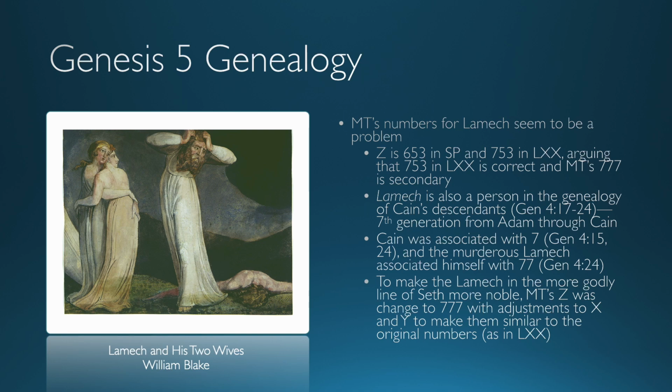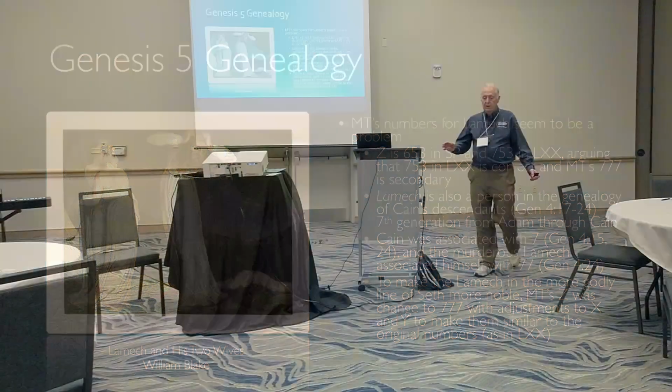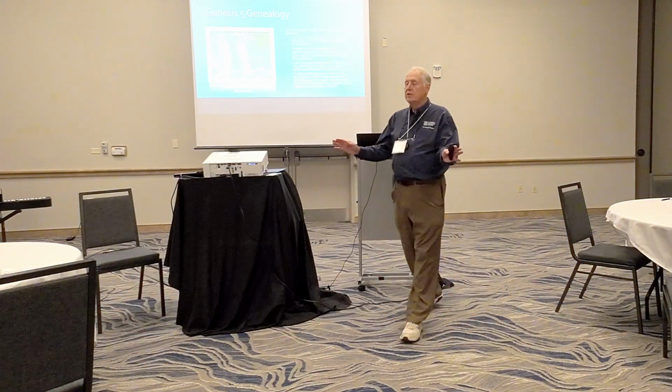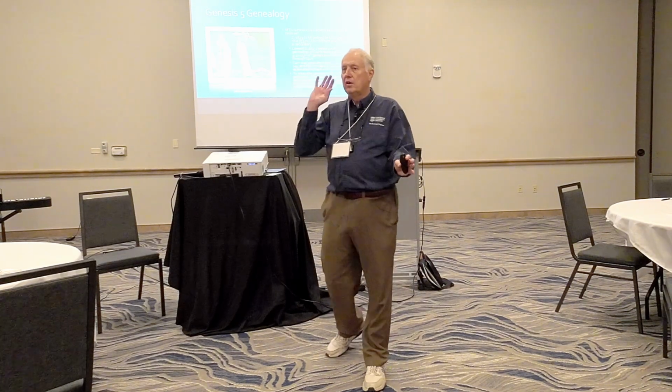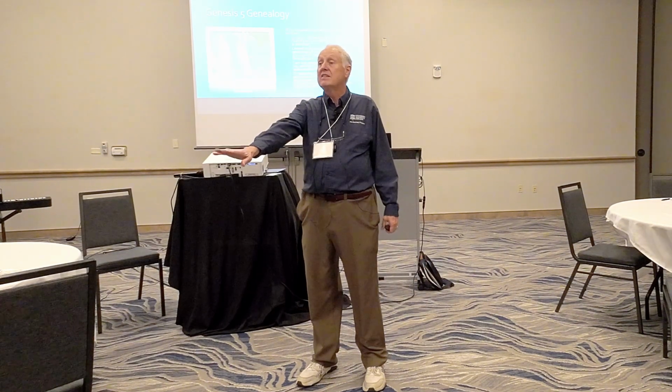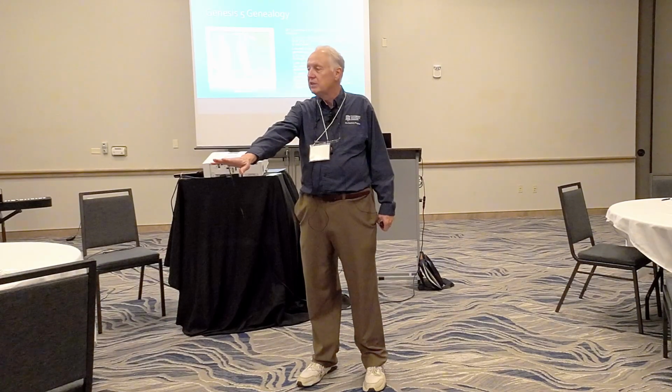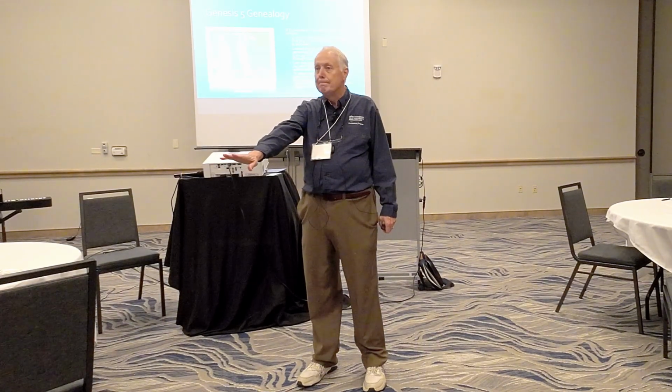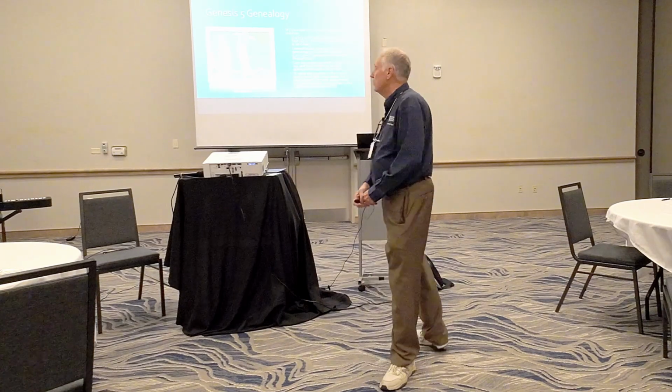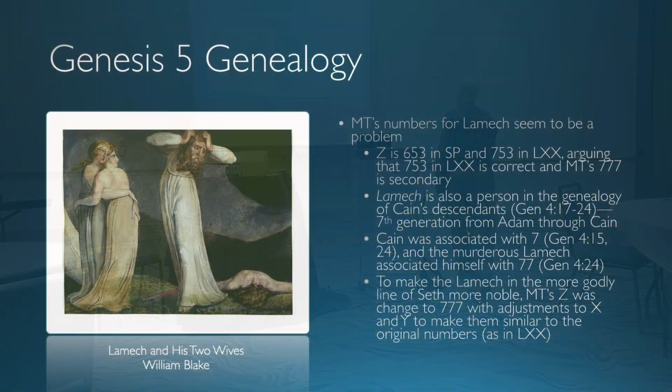He's particularly well known because he's a braggart. Cain was associated with 7. You'll remember Cain's worried about somebody coming across him and killing him. So God puts a mark on Cain and says, I'll take sevenfold vengeance on anybody who kills Cain. Right? So 7 is already associated with Cain. Lamech brags to his wife that he killed a man, and he says, if Cain was avenged 7 times, I'll be avenged 77 times.